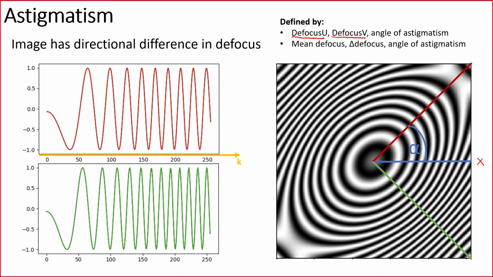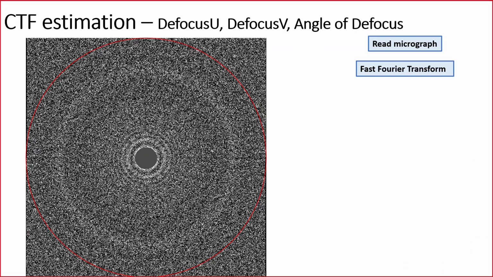These are always perpendicular to each other, or we can define it as a mean defocus of these two plus the delta, that's plus minus over the mean. Some software prefers to use one, the other software prefers to use the other one. The angle of astigmatism always defines in which direction this ellipsoidal deformation of the Thon rings is happening.